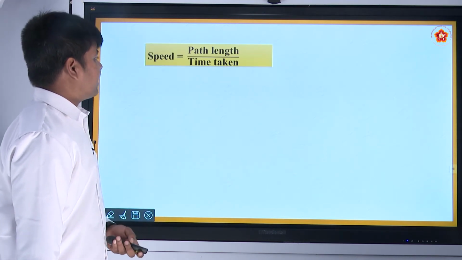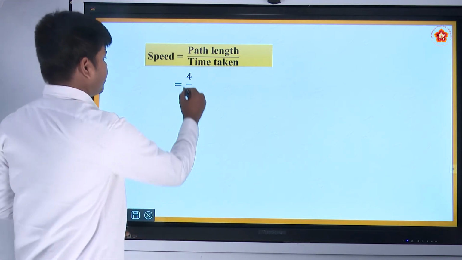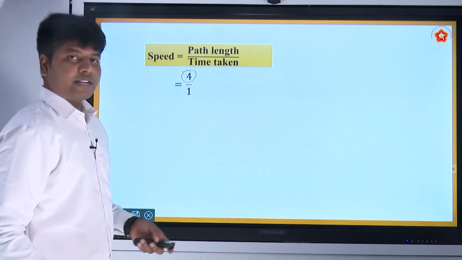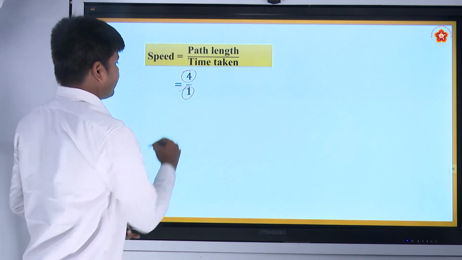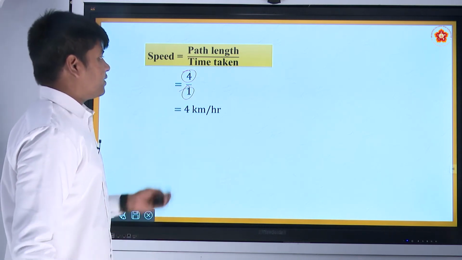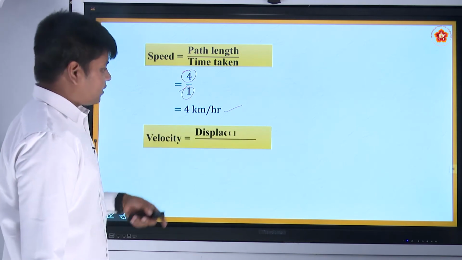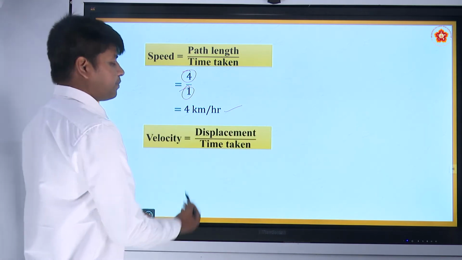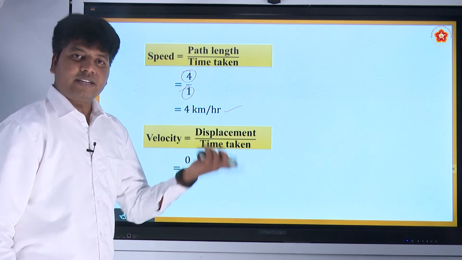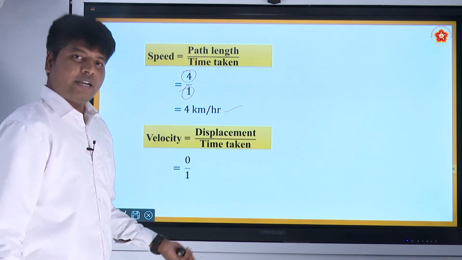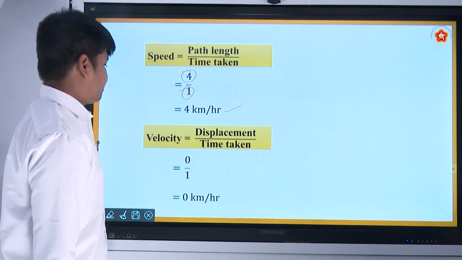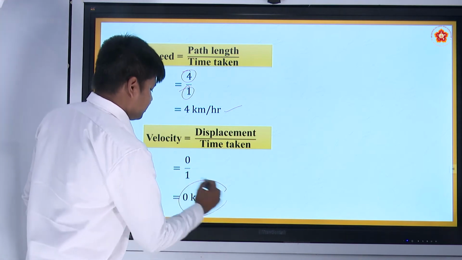Speed is path length by time taken. As you know, 4 is the total distance traveled, 1 is the total time taken, 4 km per hour, that is your speed. Alright, now velocity, displacement by time. Displacement is 0 because he started at the house, ended in the house, 0 by 1, velocity is 0 km per hour.